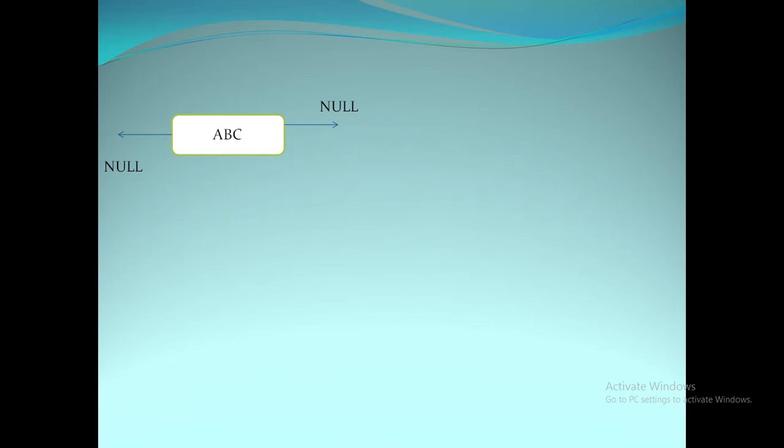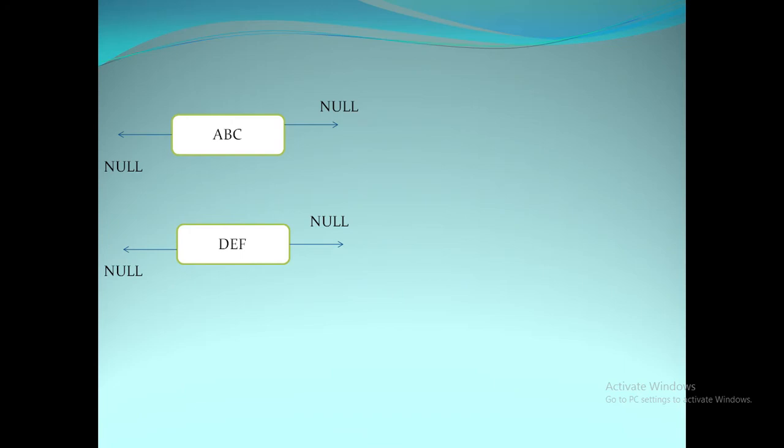Now let's create another node, that is DEF. Whenever we create a new node, by default previous will be pointing to null and next will be pointing to null. But I want to connect these two nodes. I want DEF to be added to the linked list after the ABC.